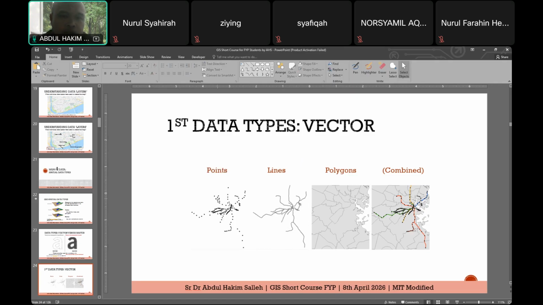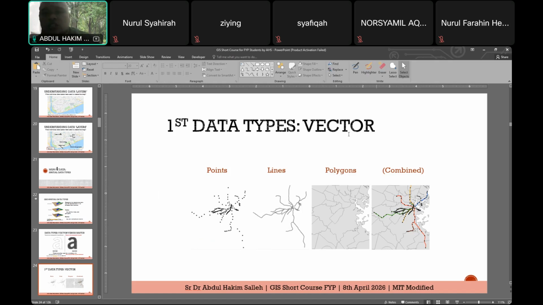For example, lines is when these dots are connected. At least there are 2 points in order to form a single line. And of course, if you make it an enclosed polygon, enclosed lines, it can form a polygon. If you connect lines and form something that is closed, it will form a polygon.